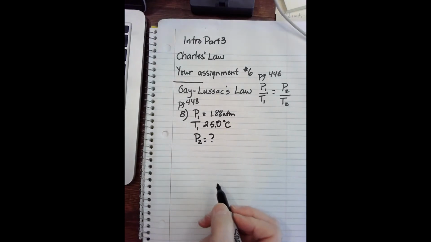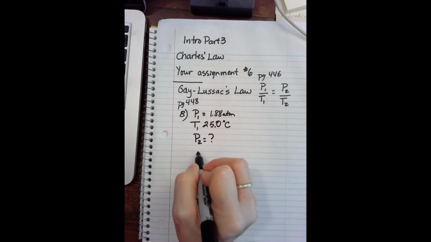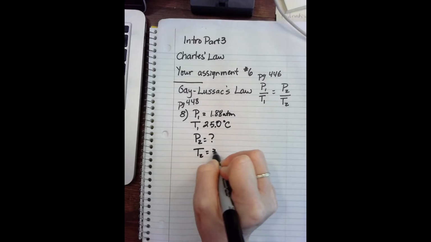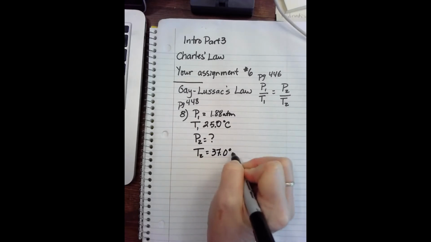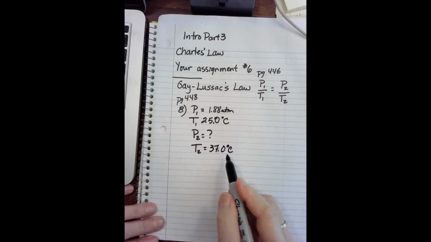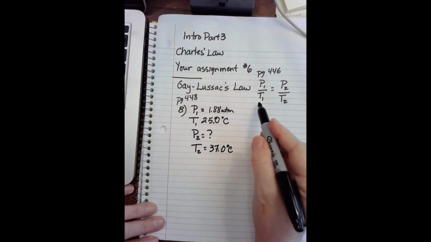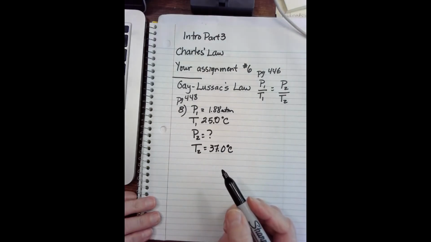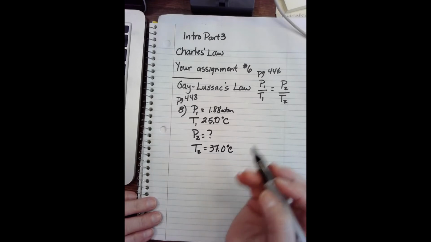So we know that that is our question mark, when the temperature increases to 37.0 degrees Celsius. All right, so we know that we cannot use a Celsius temperature in our formula. So let's go ahead and change these to Kelvin.